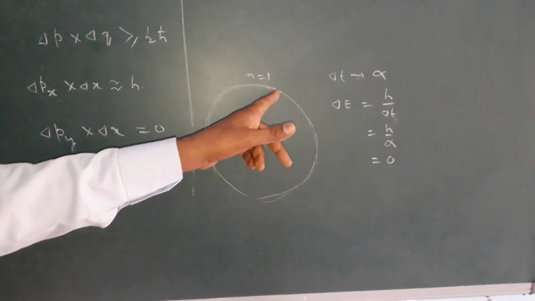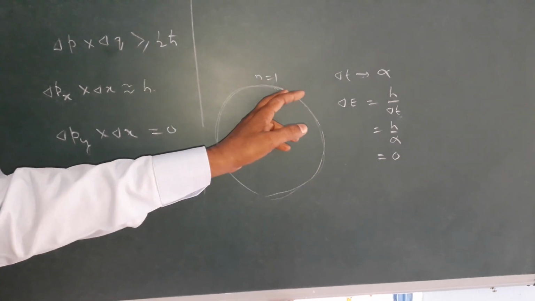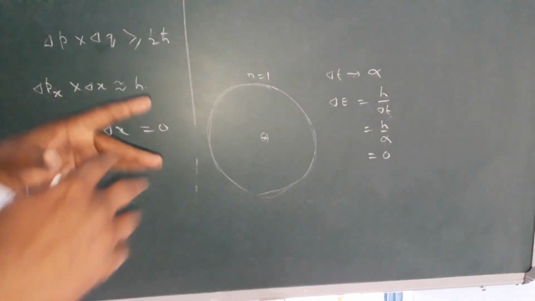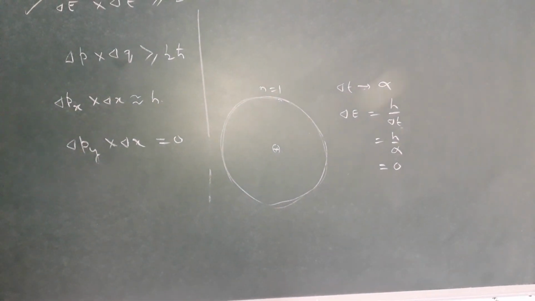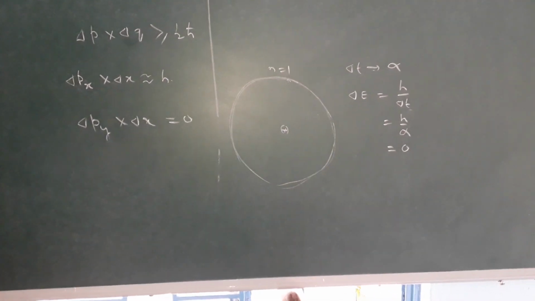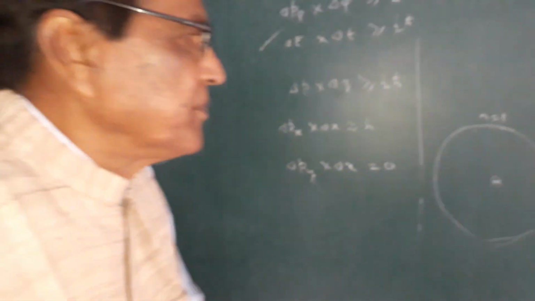Means there is no uncertainty in the energy of the electron while it is moving in this particular state or orbit. This is why for the hydrogen atom we can call this a stationary state. This is the permanent state.